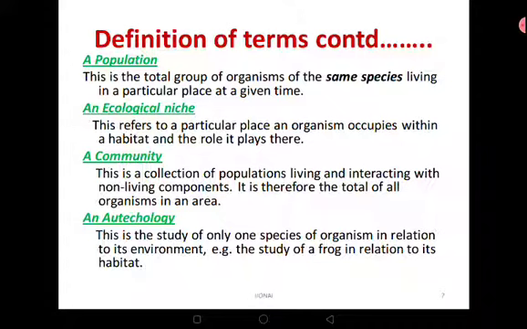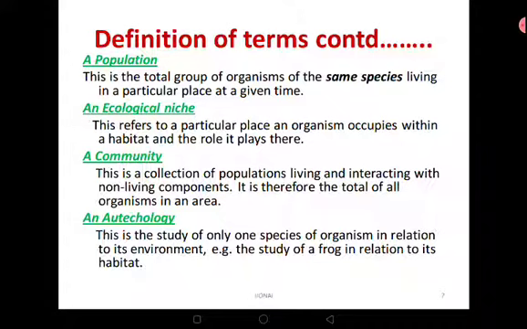And then we have another term, a community. You must have heard these terms spoken by people all over. For this particular topic, we shall say the community is a collection of different populations living and interacting with non-living components. It is therefore a total of all organisms in an area.